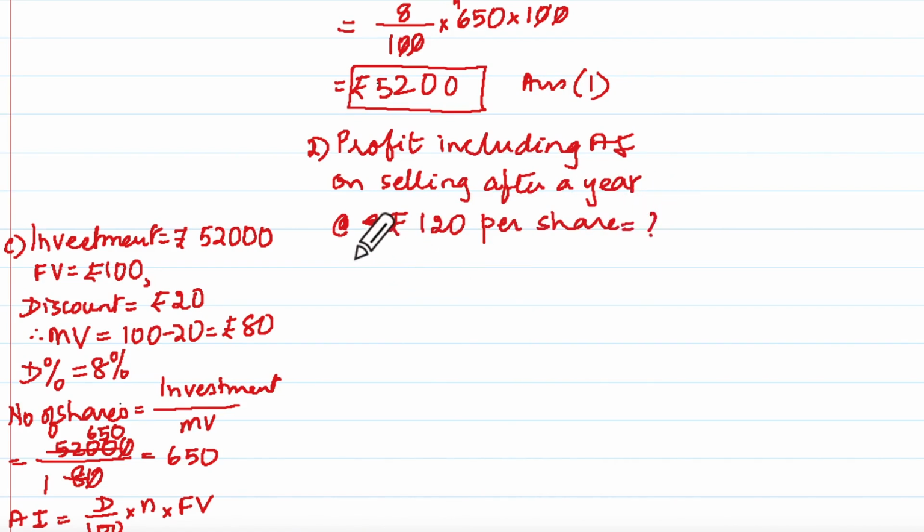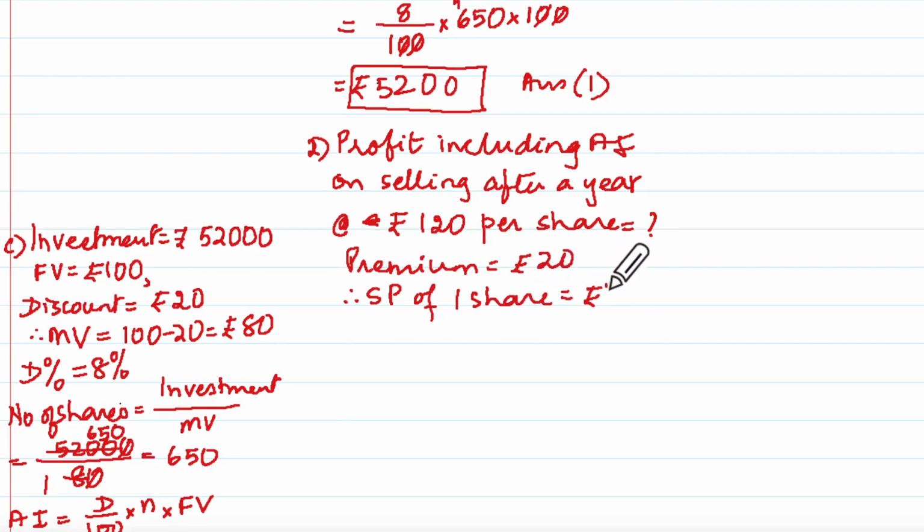So we will say premium equal to rupees 20, therefore SP of 1 share is rupees 100 plus 20. I'm writing this so that my marks are not unnecessarily cut.